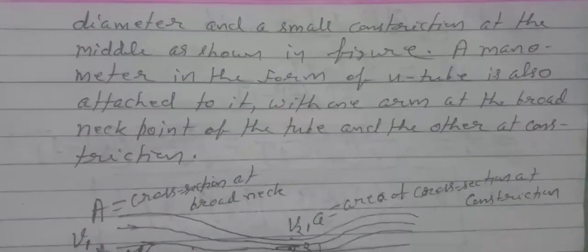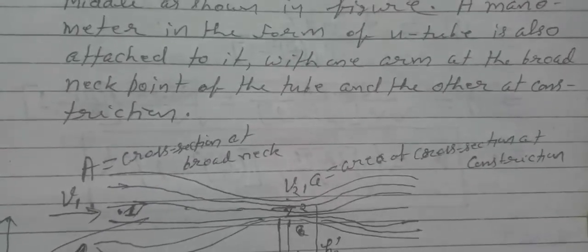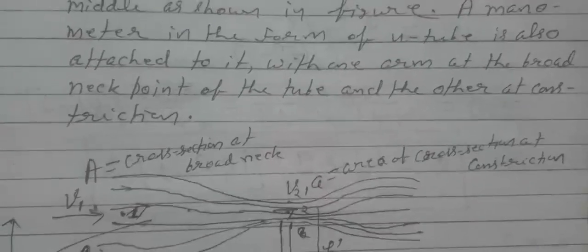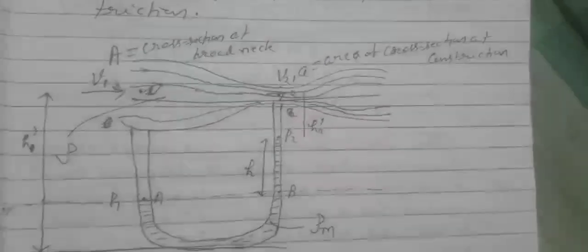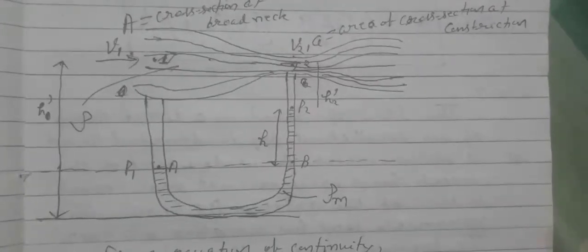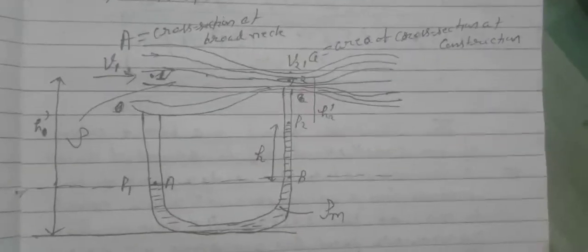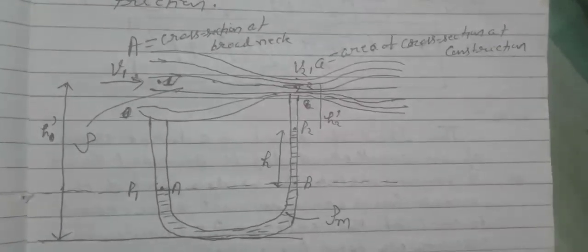A manometer in the form of a U-tube is also attached to it with one arm at the broad neck point of the tube and the other at the constriction as shown in the figure. Here the situation is shown. One end of the manometer is at the broad neck, and the other end is at the narrow neck.